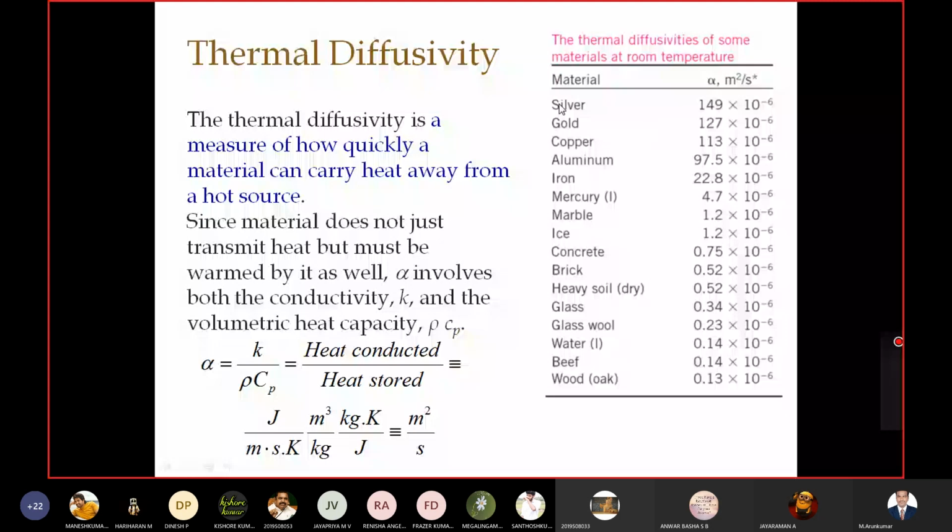If you compare, silver has the highest thermal diffusivity, followed by gold, then copper, aluminium, iron, mercury, marble, ice, concrete, brick, etc. Right? So we can use thermal diffusivity also to compare heat transfer.